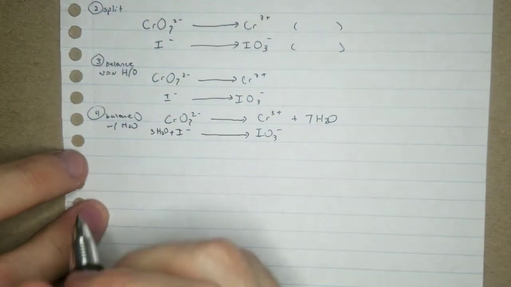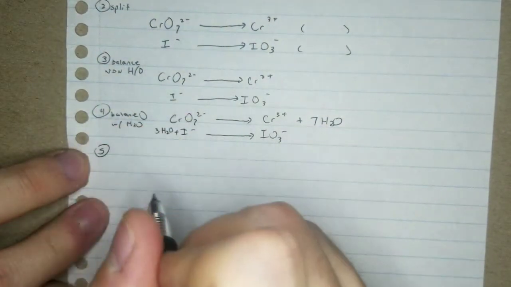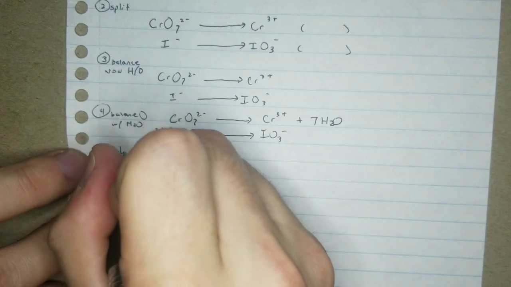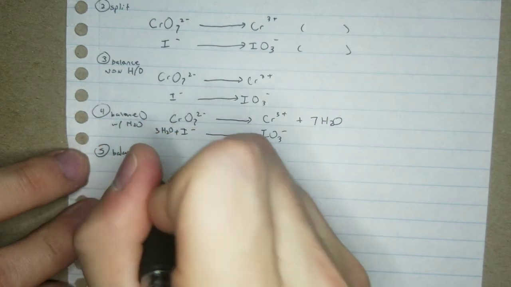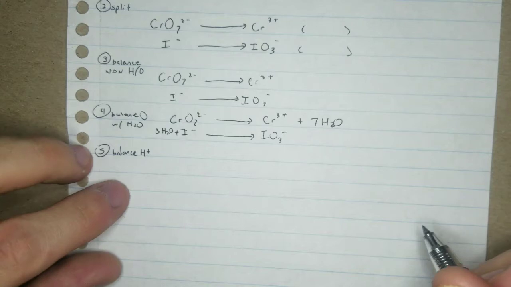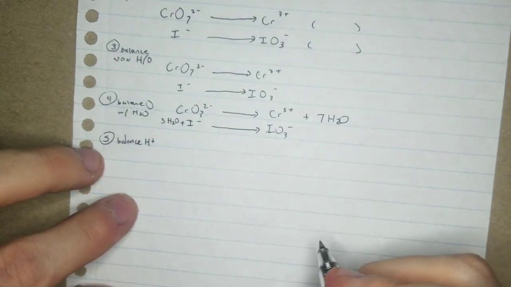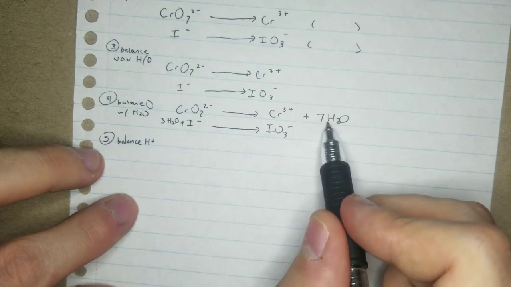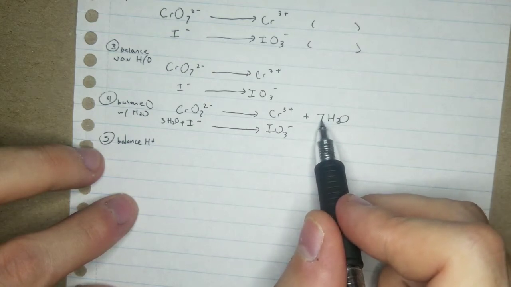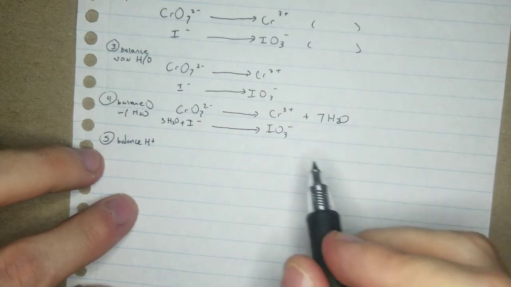Now we're going to have a fun time. Step 5, balance hydrogen with hydrogen ions. So here we go, on the top equation, we have 7 times 2 is 14 hydrogens.